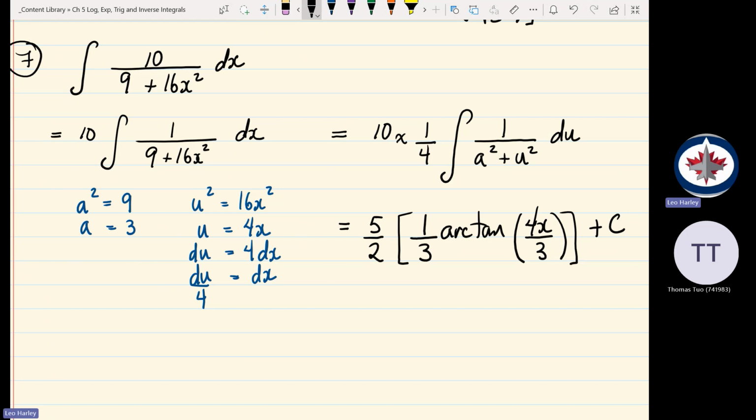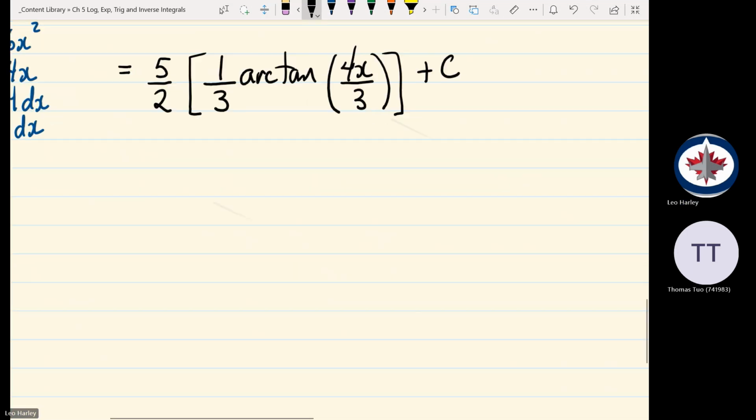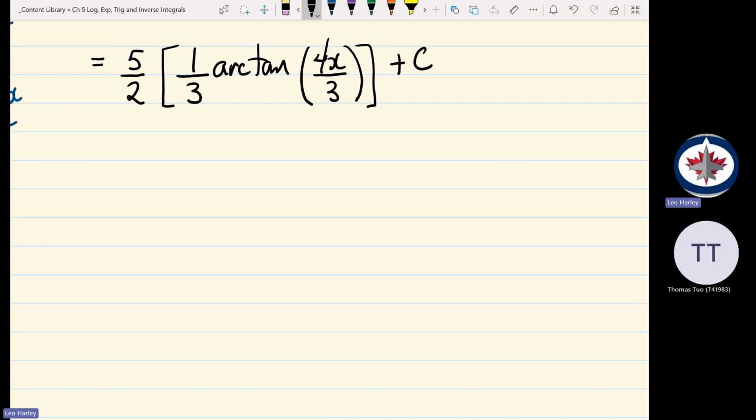Is it safe to say it will be like 5/6? You want me to rewrite it? It only seems fair that I should rewrite it. So it's going to be 5/6 arctan.